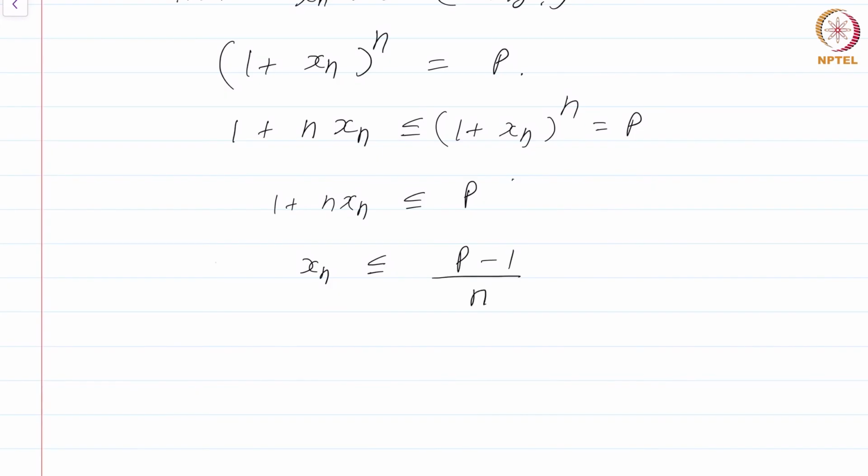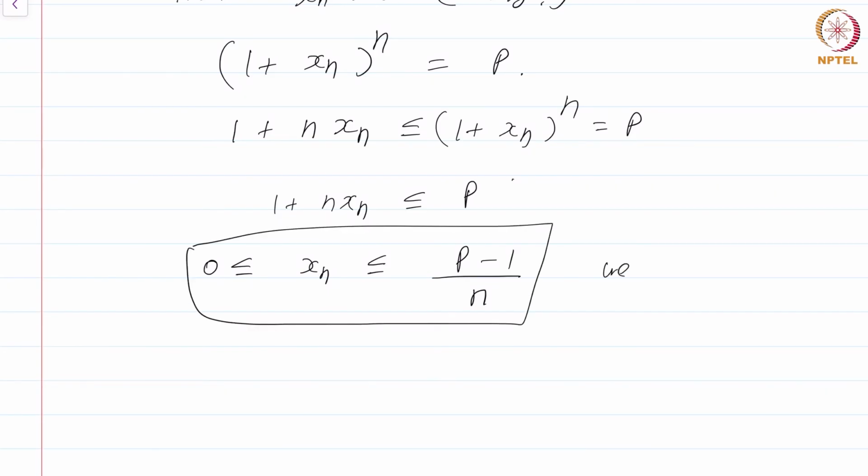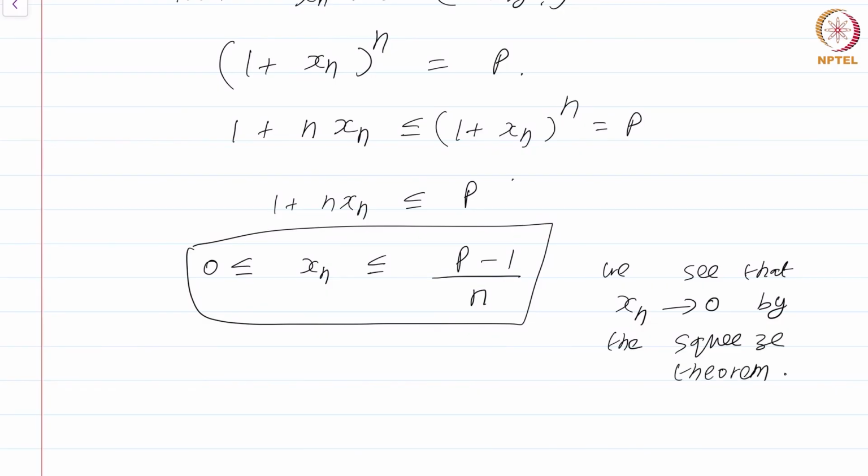We already know that 0 is less than or equal to xn. Combining these two, we see that xn converges to 0 by the squeeze theorem. So we were able to prove that xn converges to 0, and therefore the nth root of p converges to 1.